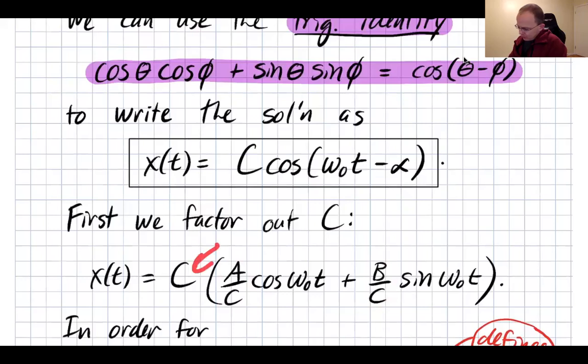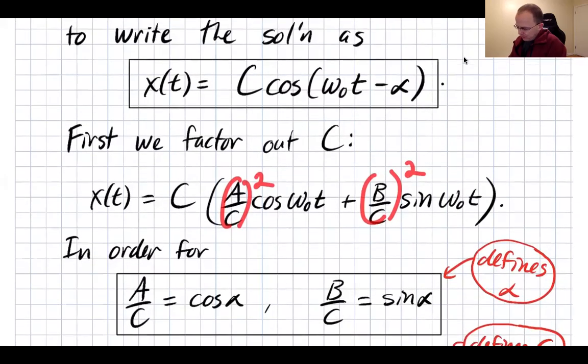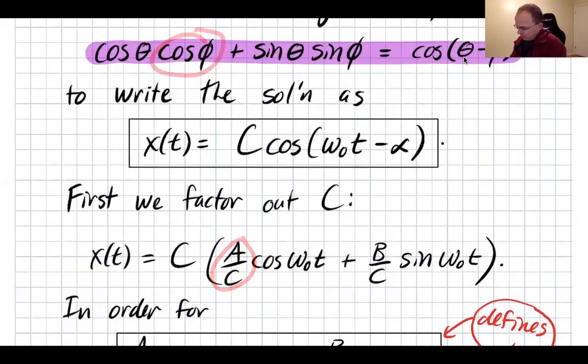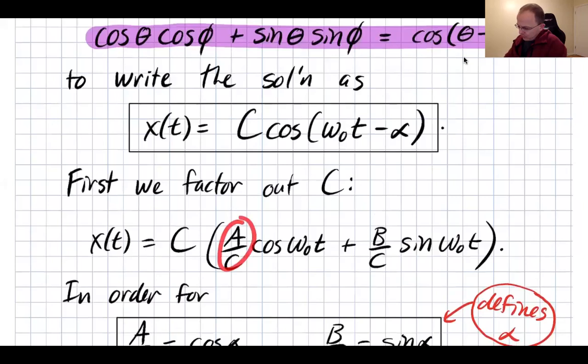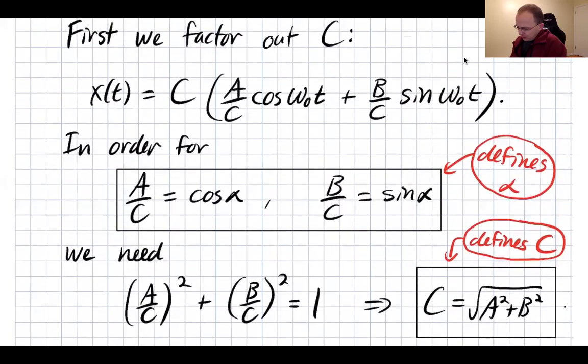And what is this c going to be? It's the one which will give us this squared plus this squared equals 1. So in order for this a over c term to be cosine and this b over c to be sine, cosine phi and sine phi, and we're going to call that alpha, sine alpha and cosine alpha, we need this squared plus this squared equals 1.